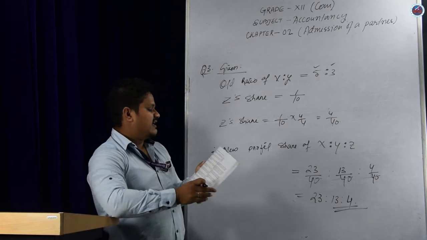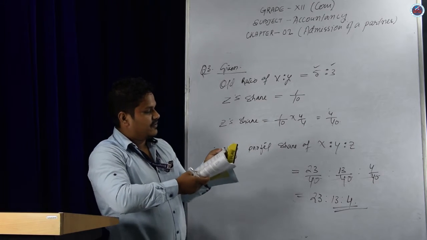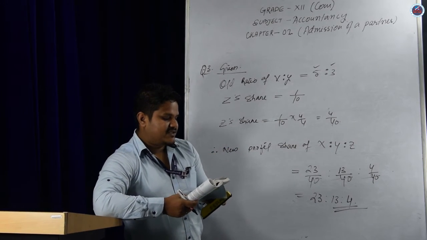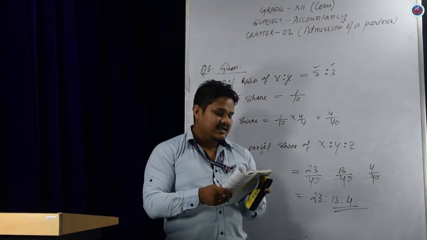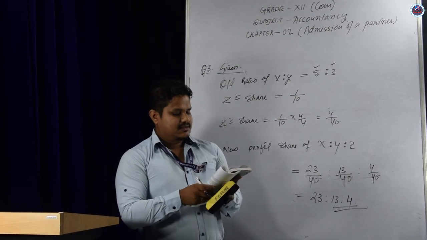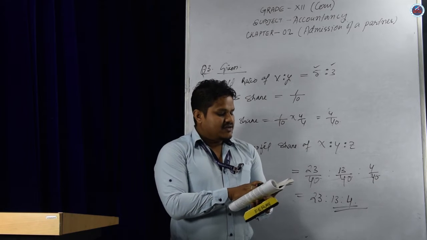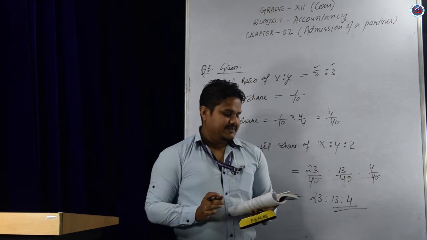Now question number 4, on the next page, 168, book question 4. It says that A, B and C are partners sharing profit and loss in the ratio 2:1.